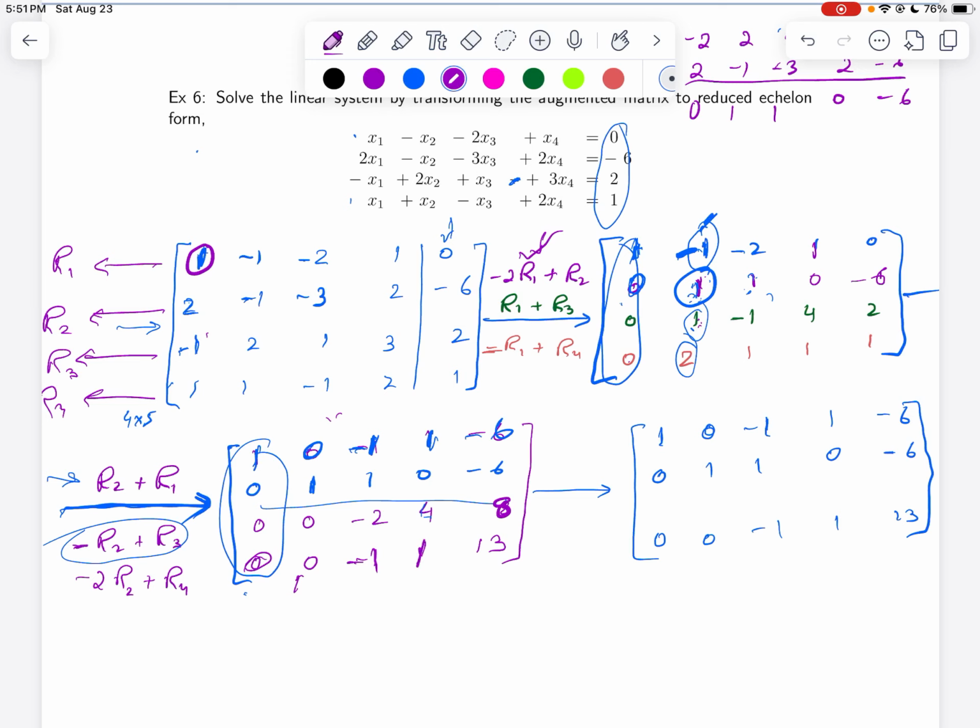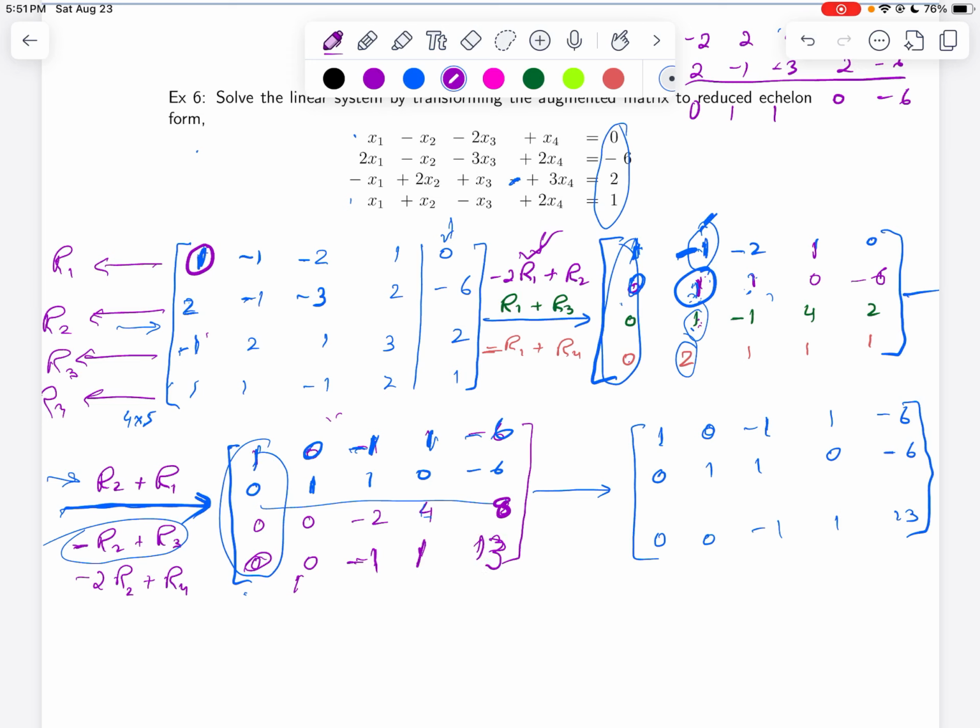Now -2 times -6 is 12, and then we have plus 1, 12 plus 1 is 13.